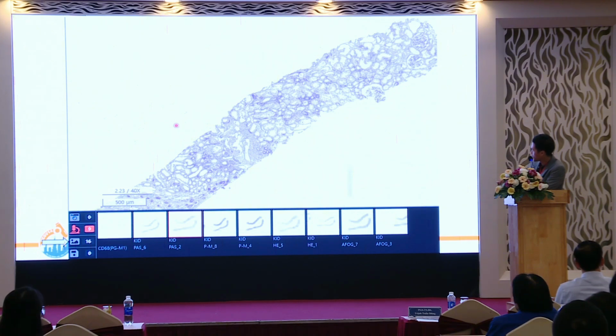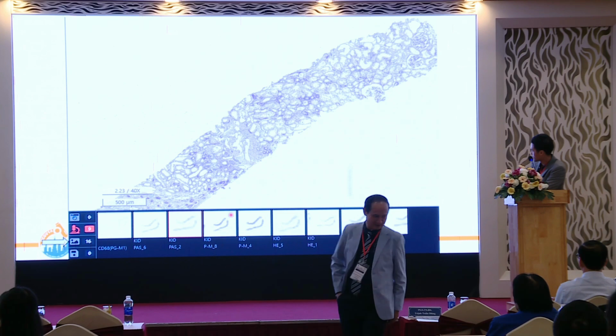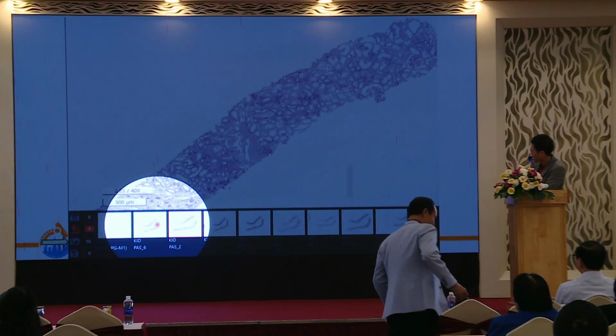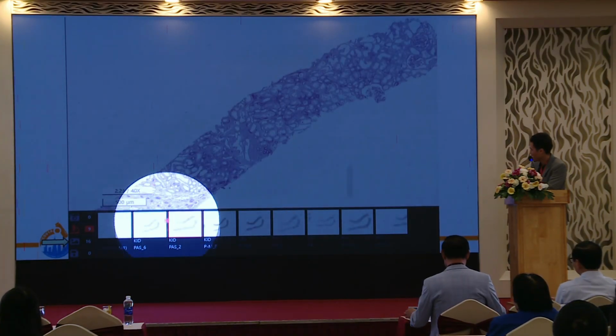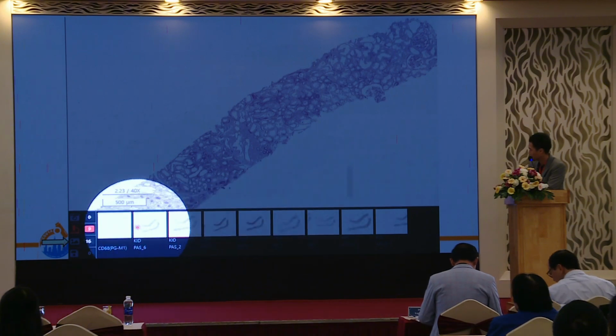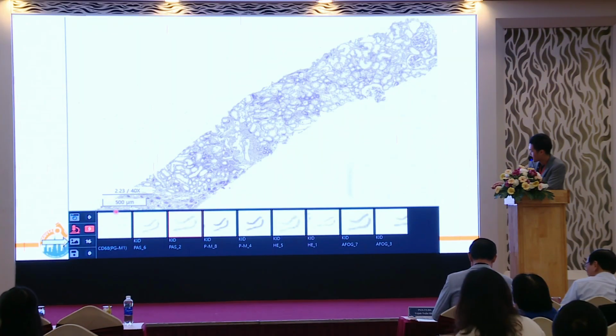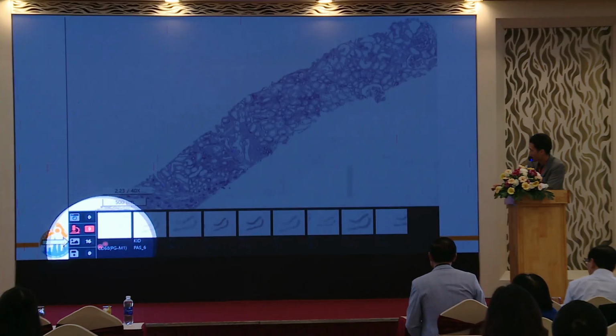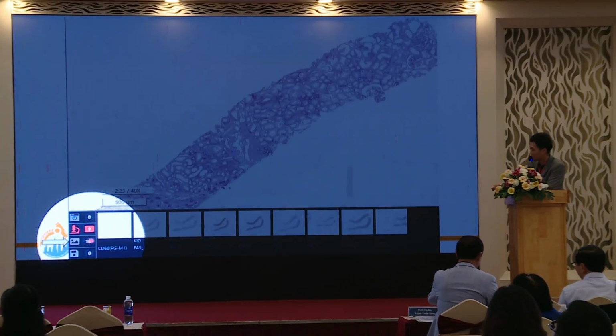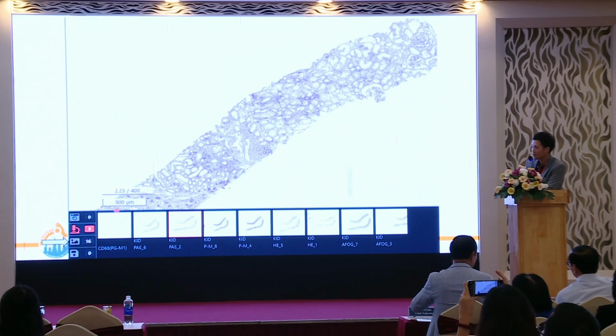In this viewer, we can see there are 9 whole slide-like images. 8 of them are light microscopy. One is IHC. And we can also see there are 16 more images in this pathology, in this patient.